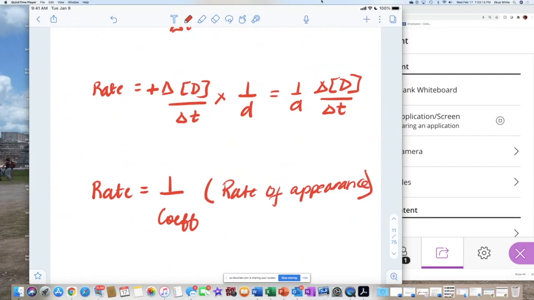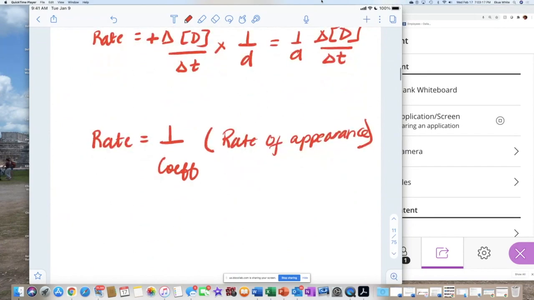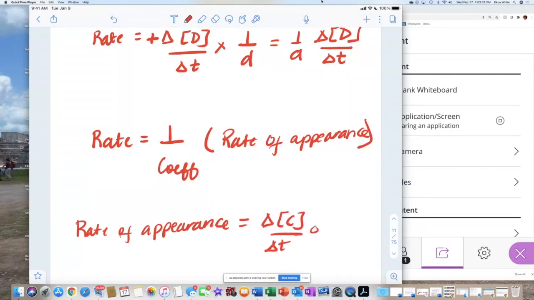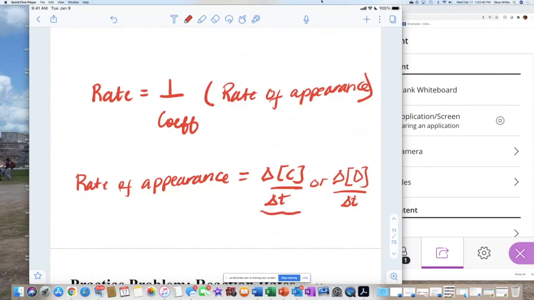So now you know if they ask you for this in this context here, your rate of appearance will be, of course, delta C over delta T or delta D over delta T. Yeah, if they're asking you, they're really asking you for one of these.